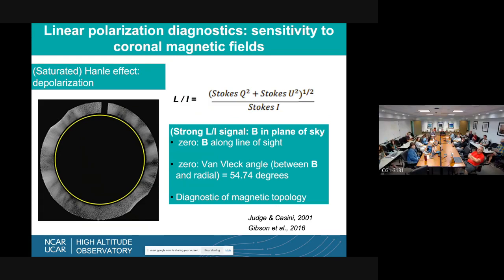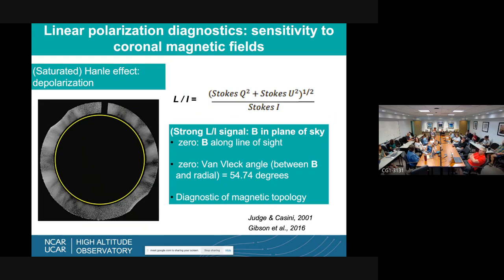Well, with COSMO, you can use Stokes V. That will answer that question in a lovely way, because you'll actually get magnetic field information along the line of sight. That's a good question, though, and I'm wondering if the radial azimuth might answer that question. I don't know. Does anybody have a quick answer? That's something we should think about. The easiest answer is probably to look at the AIA and see the configuration of the field loops and so on, so we can see if we have something in the plane of sky or in the line of sight.